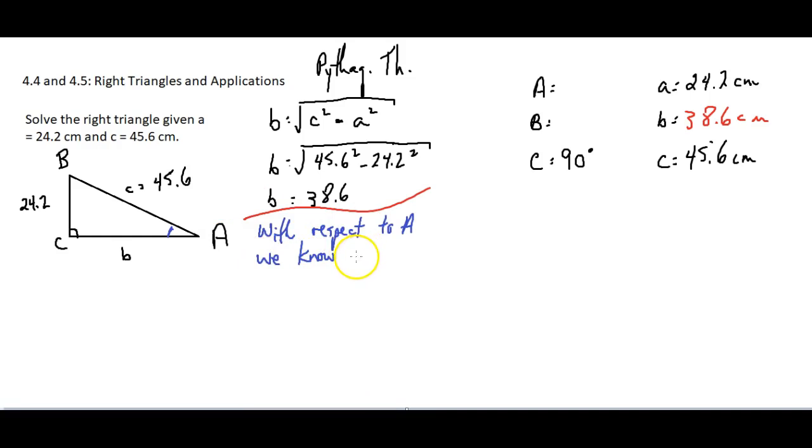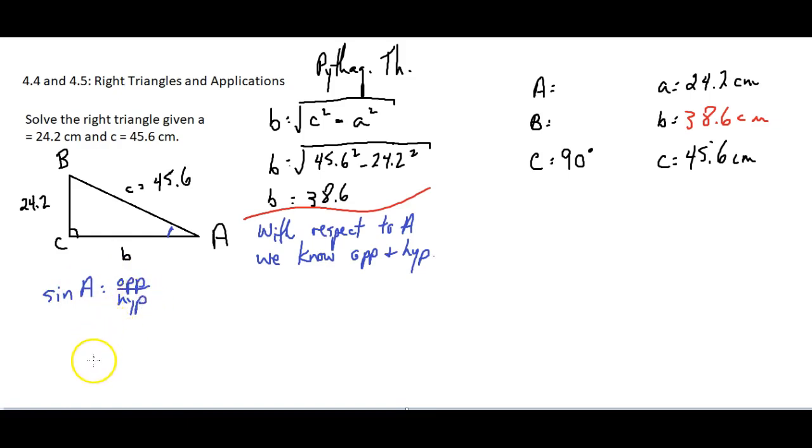Those are given. This helps us decide which trig ratio to use, which one involves opposite and hypotenuse. And if you're beginning to get them memorized, you will know that it is sine. So sine A is opposite over hypotenuse.